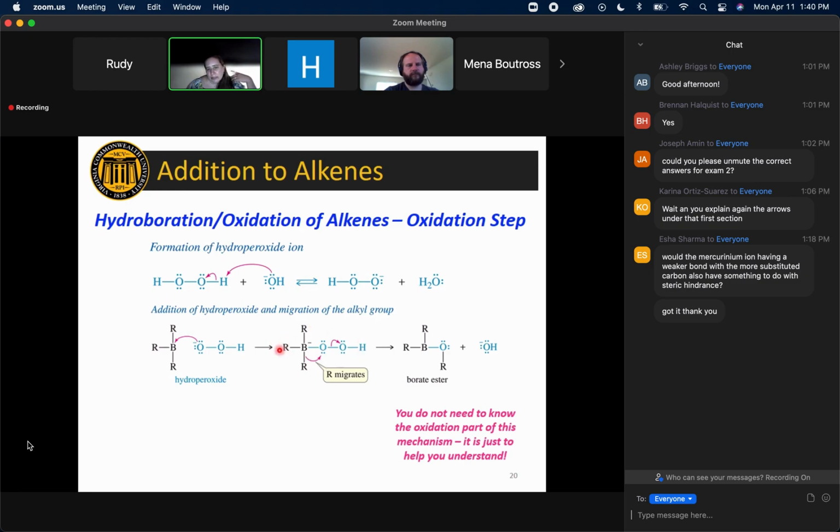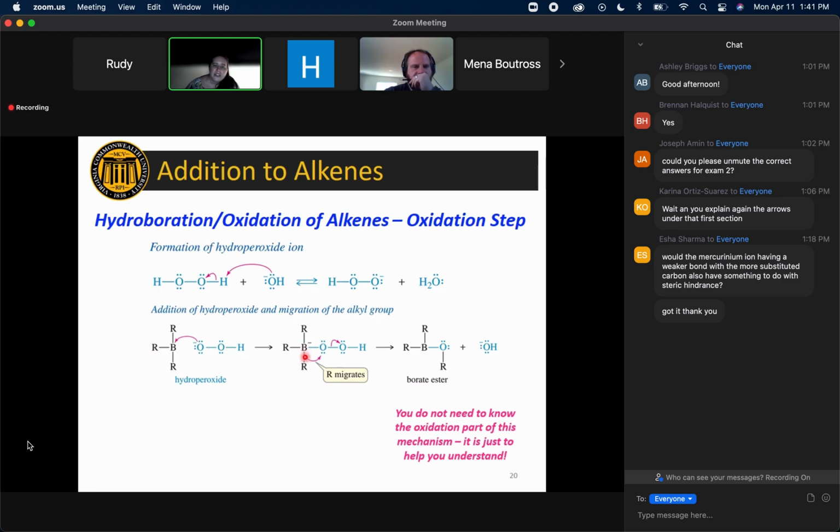When we get to this intermediate, this is a kind of weird step here. One of our boron-carbon bonds can actually migrate over. The boron-carbon bond is going to break, and the electrons that were holding that whole carbon substrate to the boron are going to jump over to the oxygen next door. This is like an alkyl shift or a hydride shift that you guys have seen before.